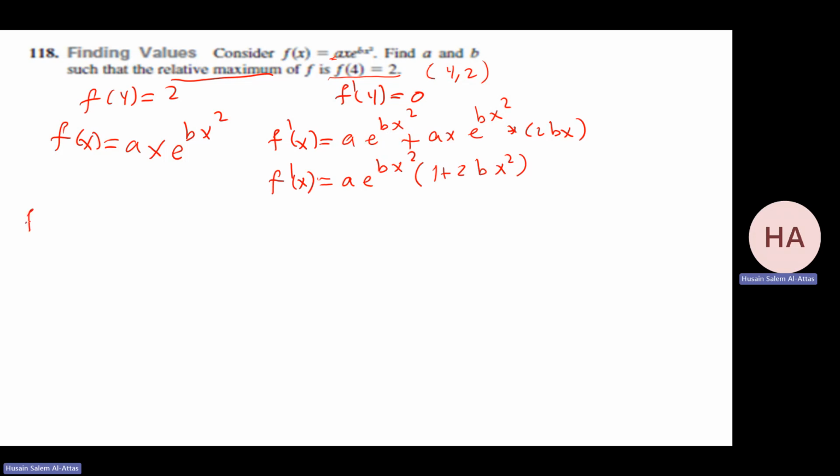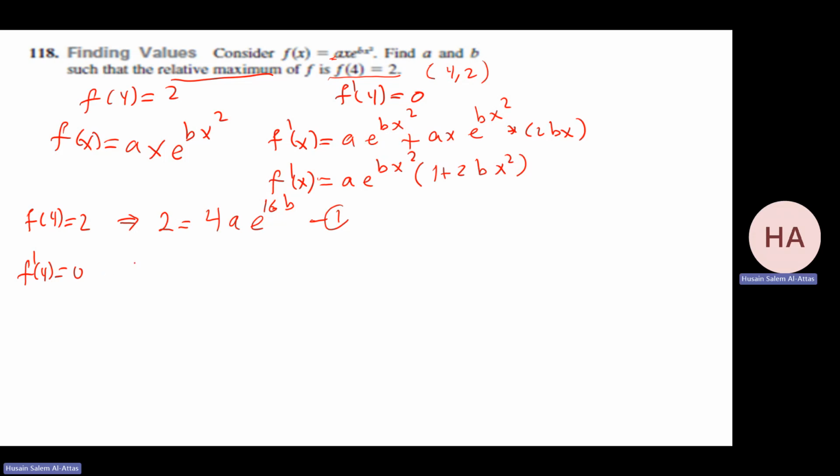Now I will use this. f of 4 equals 2. That means f of 4 equals 2, so it will be 4A e to the 16B. This is one equation, equation 1. Equation 2 comes from where? f prime at 4 equals 0, since I have a relative maximum.